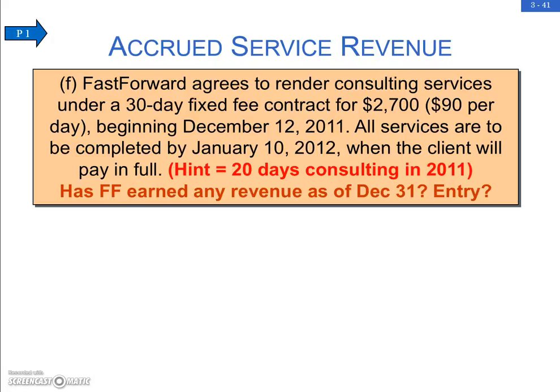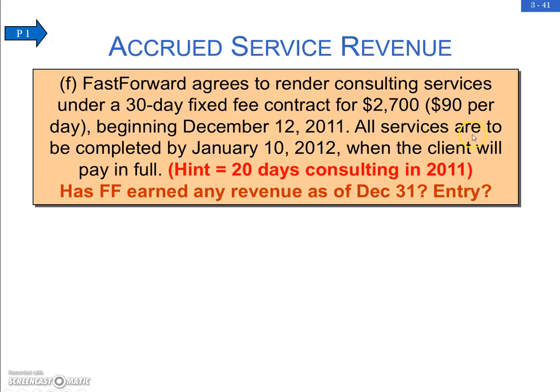So in this example, our company, Fast Forward, agrees to render consulting services under a 30-day fixed fee contract. So we're going to consult for the next 30 continuous days for a client. It's going to be $2,700, or $90 per day if you divide that $2,700 by the 30 days, beginning on December 12th, 2011.